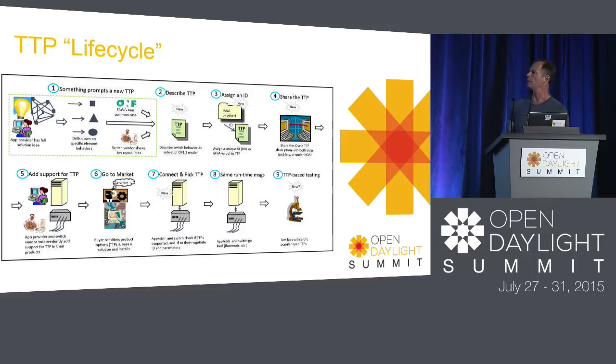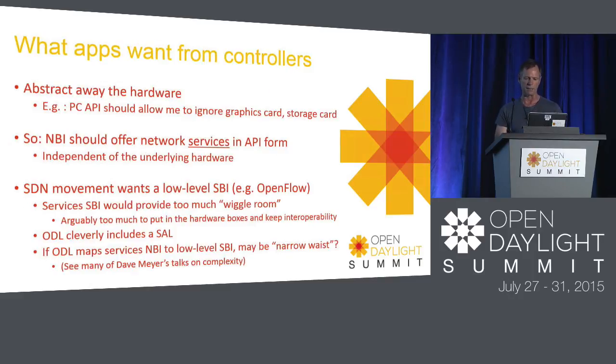You create the TTP and you share it with others so that they know how to use that interface. They can use the interface to control a particular device, or they can say, well, I'll support that interface in order to support a particular use case. And every TTP has a unique name, so they're useful for interoperability and for market conversations and so on. The way things have unfolded, it doesn't exactly match this picture. We'll share a little bit more about that coming up.